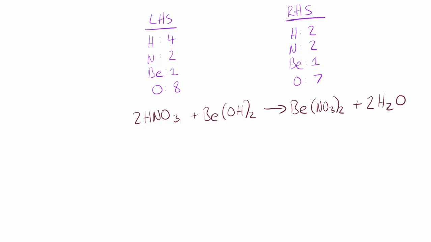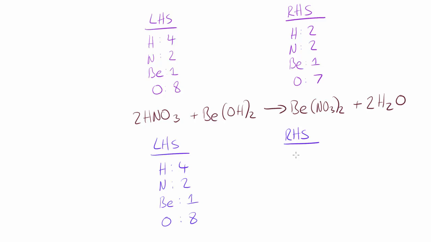So for the left hand side, we're going to have H 4, and 2 N, Be 1, oxygen 8. Okay, and on the right hand side we need to be mindful of what we've changed.